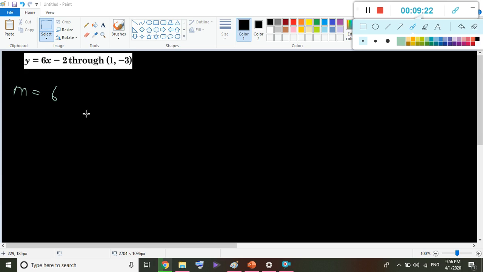We're going to plug these two givens into the point-slope equation first. Then we're going to convert it into slope-intercept form. Now remember the point-slope form, which is y minus y1 equals m times (x minus x1).